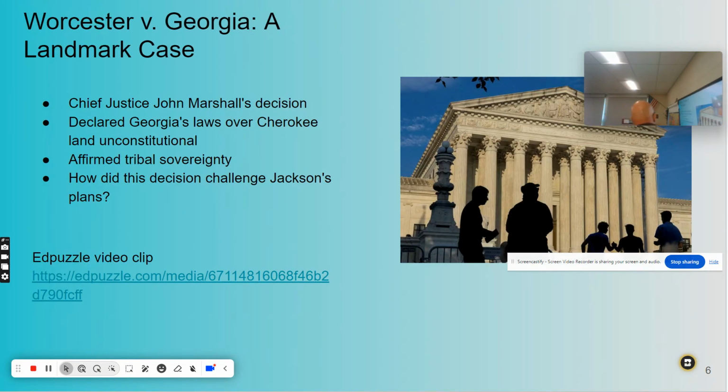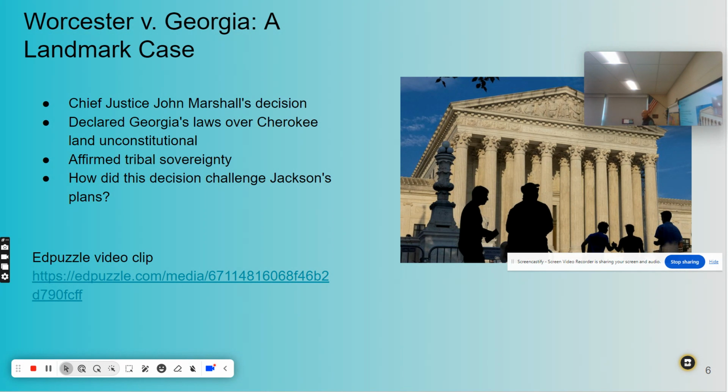The landmark case, okay, when we talk about landmark cases, we're talking about significant cases that you will absolutely need to be familiar with. Worcester versus Georgia, 1832. Chief Justice John Marshall of the Supreme Court, that was his decision. It declared Georgia's laws over Cherokee land unconstitutional. It said Georgia has no right to expel the Cherokees from their land.